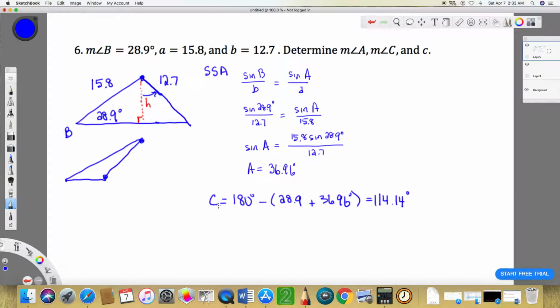Okay, so now we know the 3 angles, we know 2 of the sides. Let's return back to our ratio.